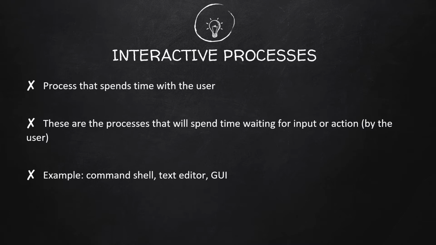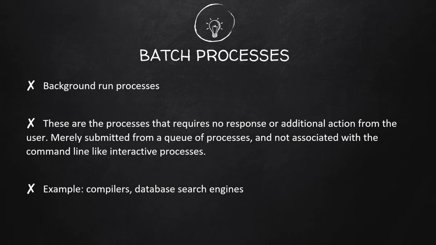They spend their time waiting for user input or action. Examples of interactive processes that we see when using Linux are the command shell, text editor, and GUI. As you can see, these are all types of jobs that require an action from the user to continue their functions.